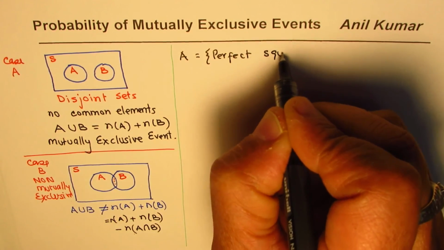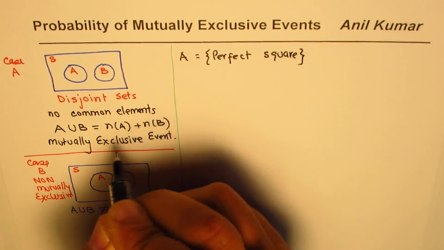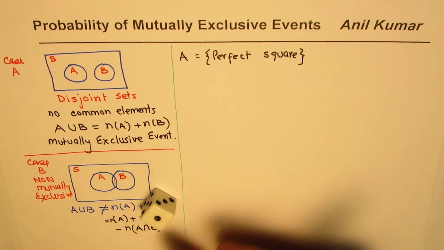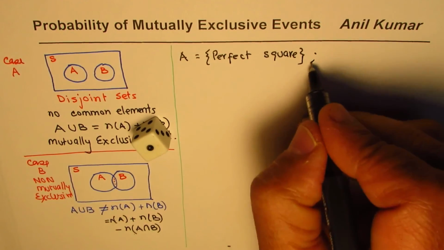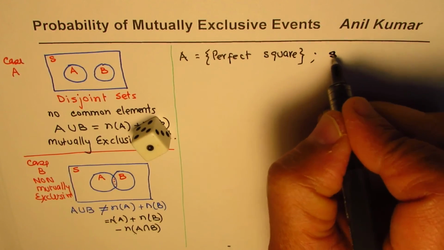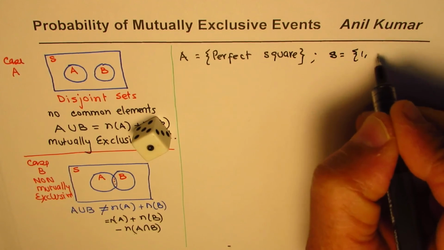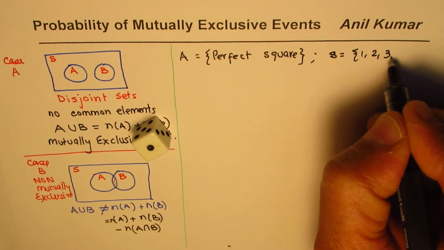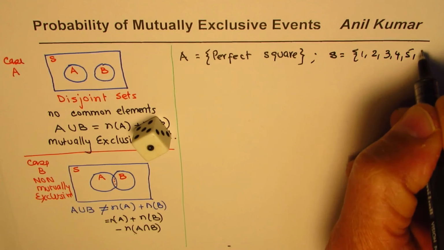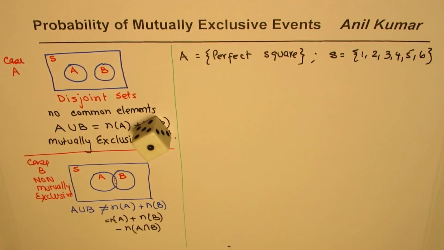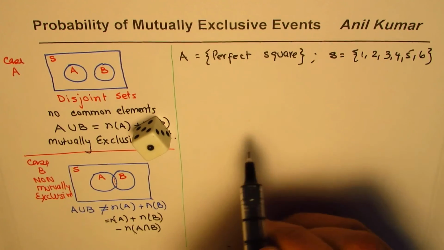So when we are talking about a dice, what is the sample space? The sample space in this case is numbers 1 to 6. Is that okay? Yes, that is right. So numbers 1, 2, 3, 4, 5, and 6 are in our sample space.